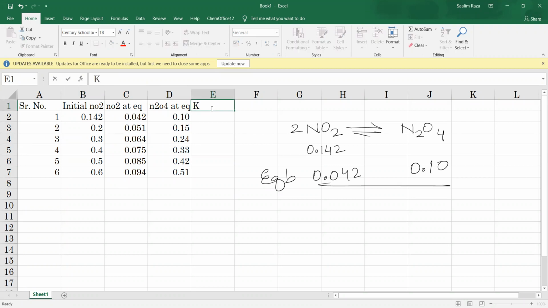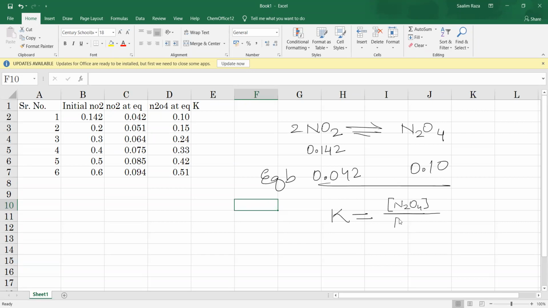That is K. I want to calculate the equilibrium constant. So what will the equilibrium constant be? It should be constant over all the reactions. It should not change. It should not depend on the initial concentration, right? It depends on the equilibrium concentration, and also the ratio of equilibrium concentration. So we have N2O4 and here we have NO2 square, right?